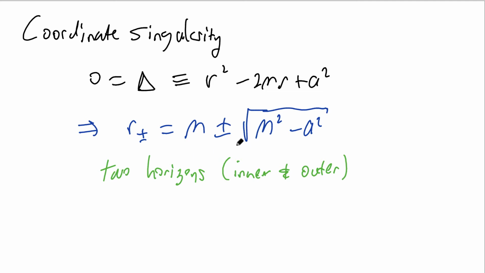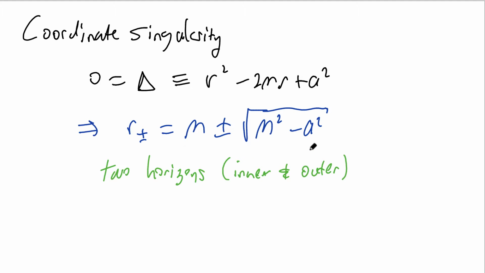Now you'll notice in the limit as a goes to 0, as the angular momentum of the black hole vanishes, the r plus horizon is 2m. That's the Schwarzschild horizon. The r minus horizon is just 0, so it doesn't exist for the Schwarzschild black hole. Or said another way, that second inner horizon just coincides with the singularity for Schwarzschild.